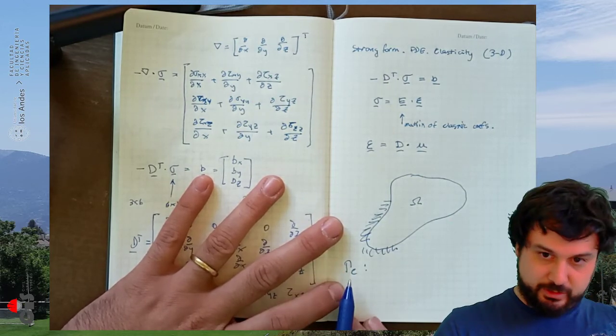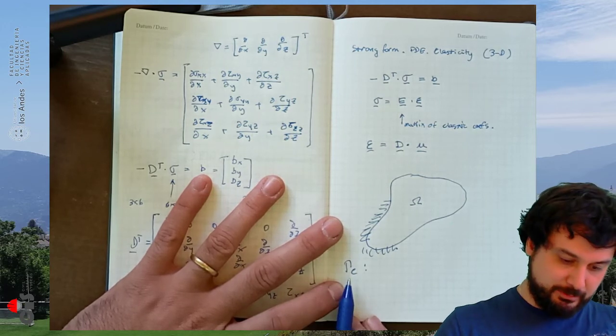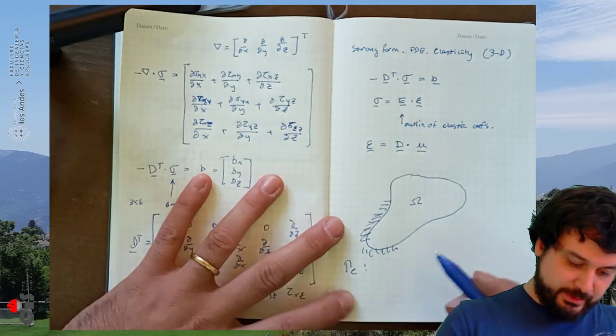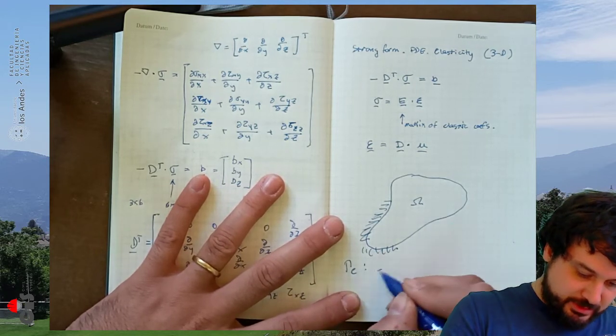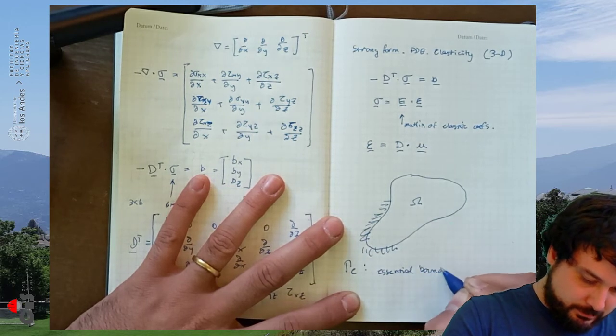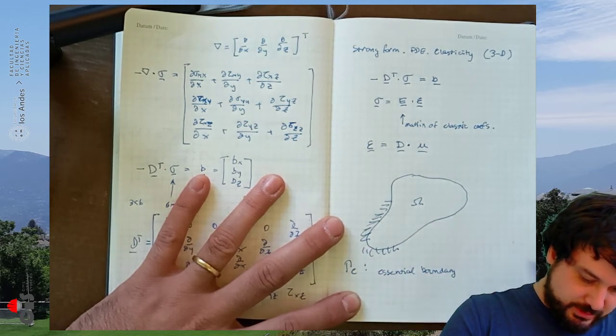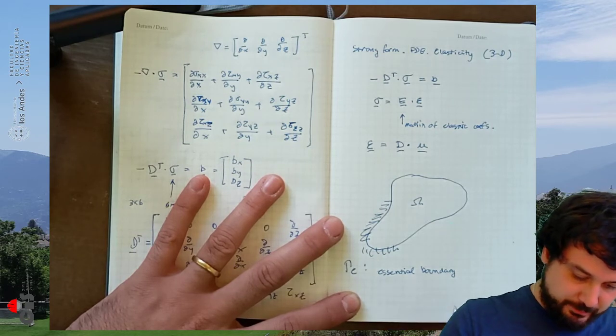You always need an essential boundary. Otherwise, it's going to lead to an ill-posed problem. It's going to lead to a singular stiffness matrix. So this is the essential boundary, and there you impose essential boundary conditions.